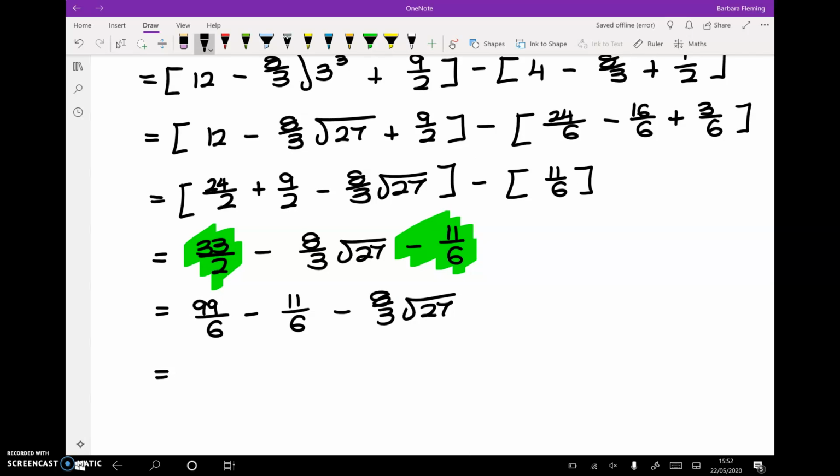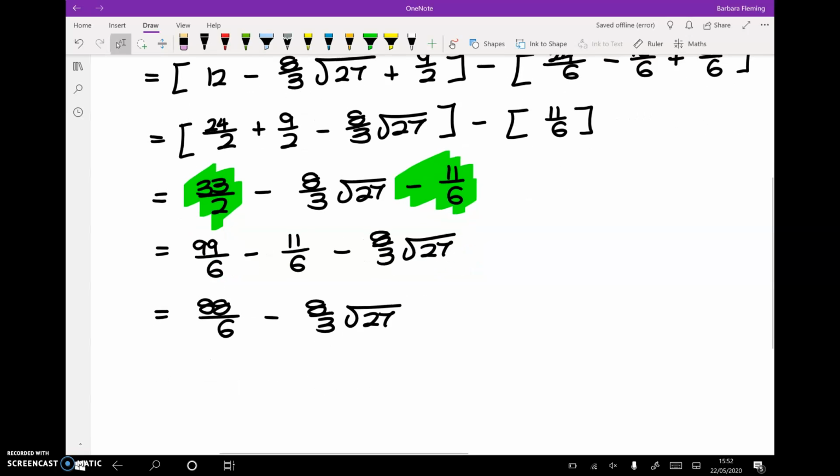So 99 take away 11 is 88 over 6, take away 8 over 3 root 27. You can maybe simplify down that 88 over 6. Dividing by 2 will give you 44 over 3 minus 8 over 3 root 27. That is as far as I can go without a calculator.